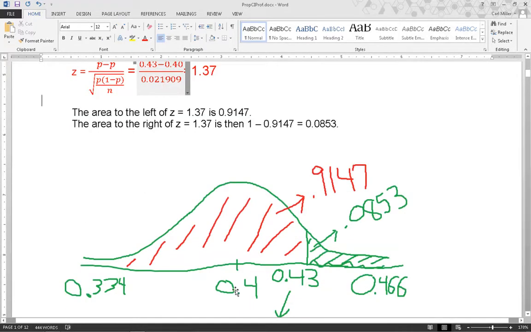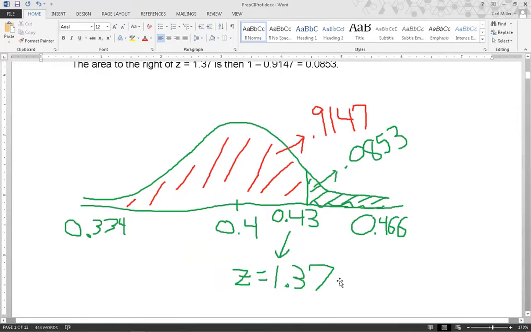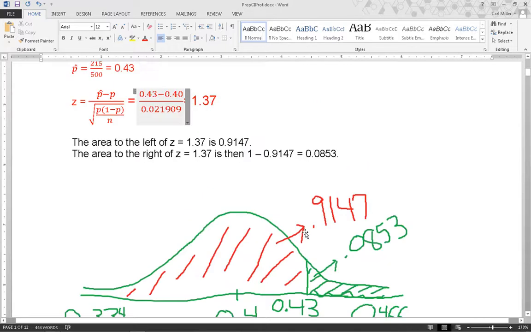Now, if you sketch the curve out, what you're talking about is this normal curve, mean of 0.4, and we want 0.43 or more. So the 1.37 for the z-score is equivalent to the sample proportion of 0.43.